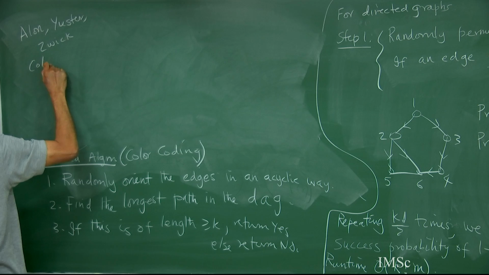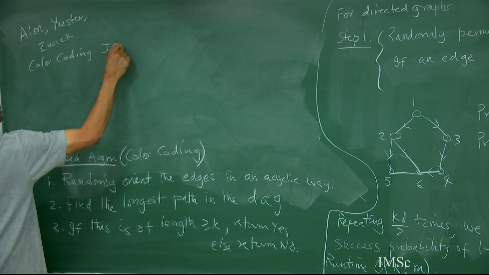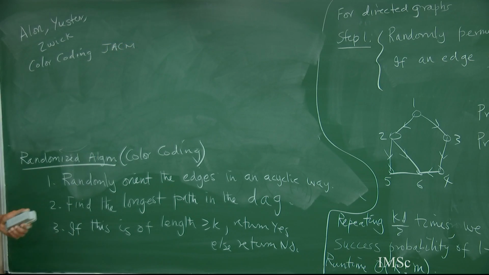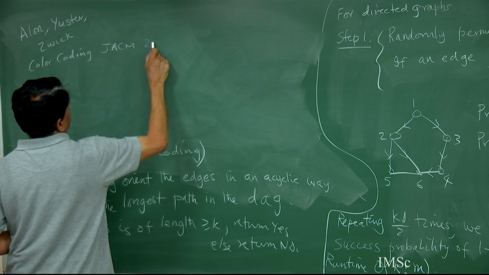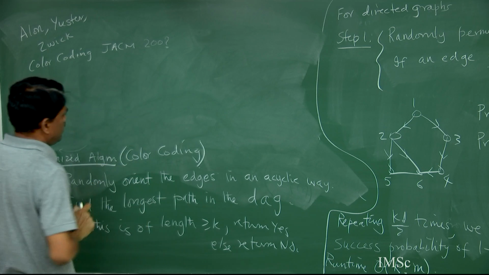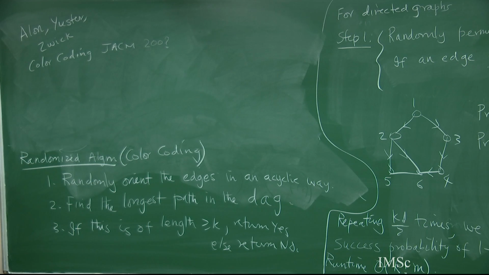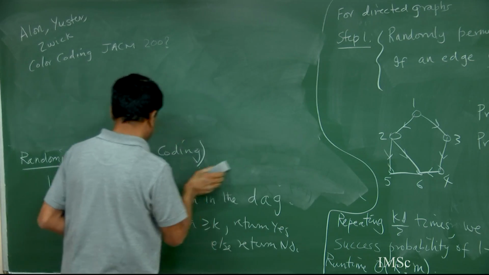The title is Color Coding, in the Journal of the ACM, some 2000 and odd. So what we are going to do now is not this orientation, because that has this k factorial in the running time. Instead, we are going to randomly color the vertices.